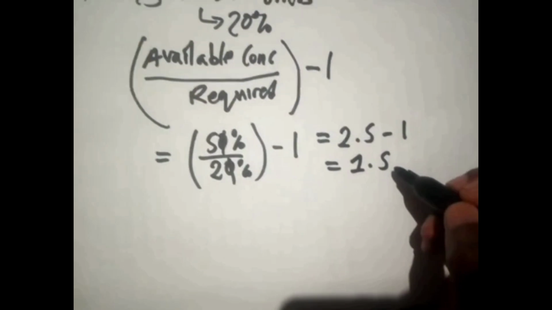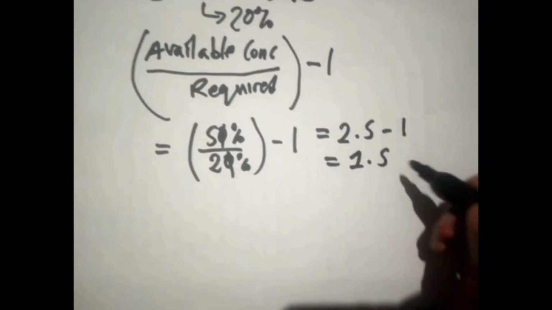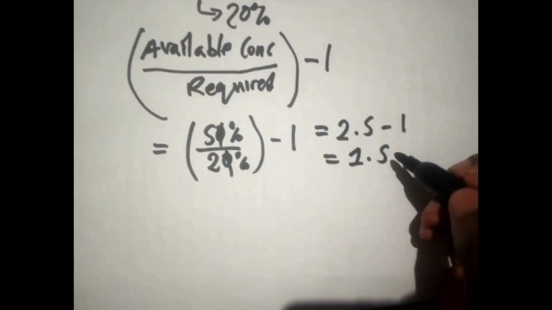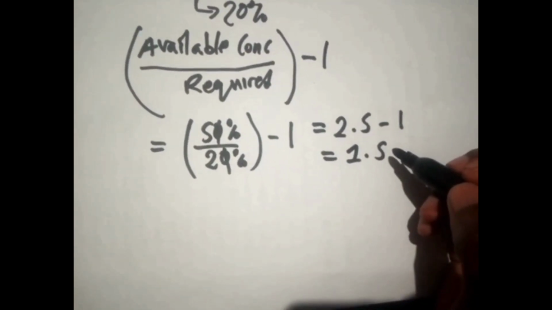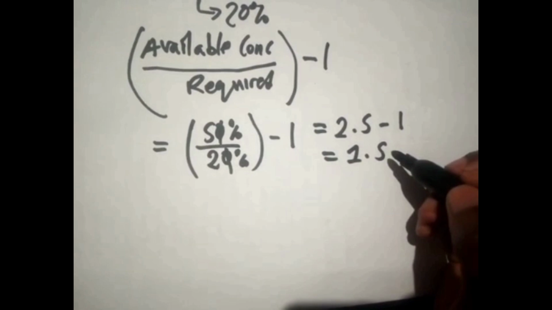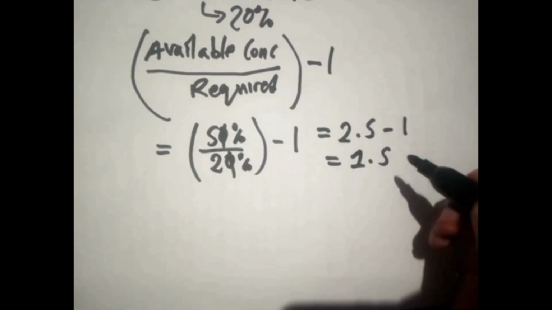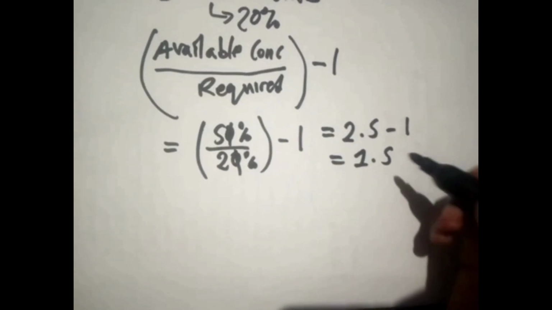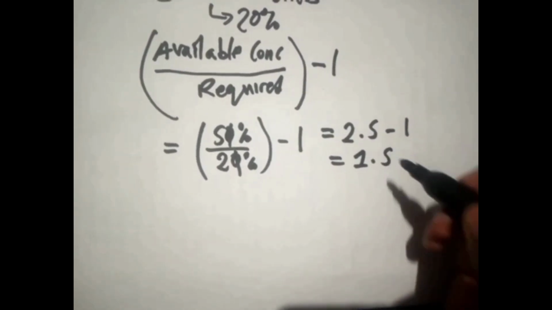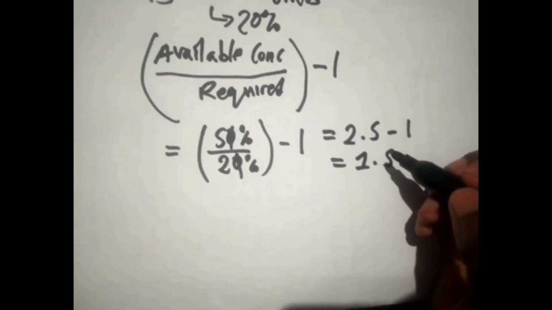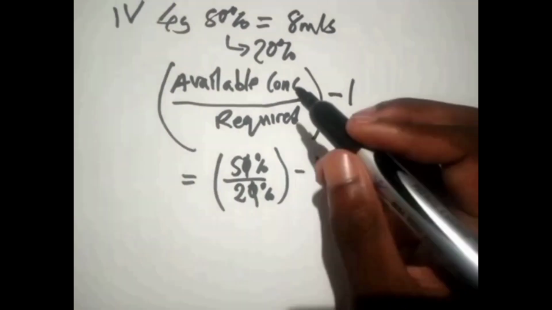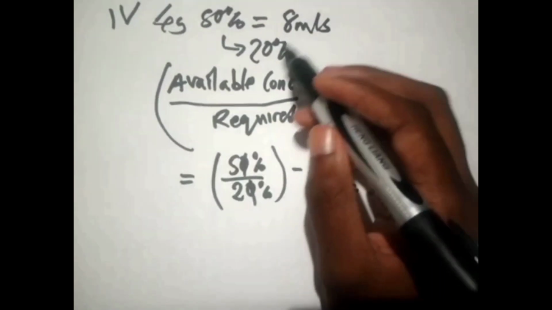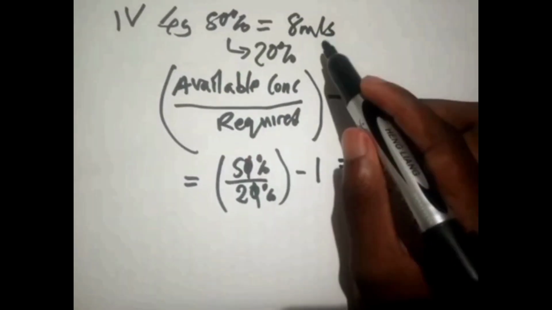So this 1.5 just means that for every mil of the available concentration, which is the 50%, we have to multiply it by 1.5. Then the answer we're going to get is the water for injection or the dextrose 5% we are going to add. Now it's 8 mils.